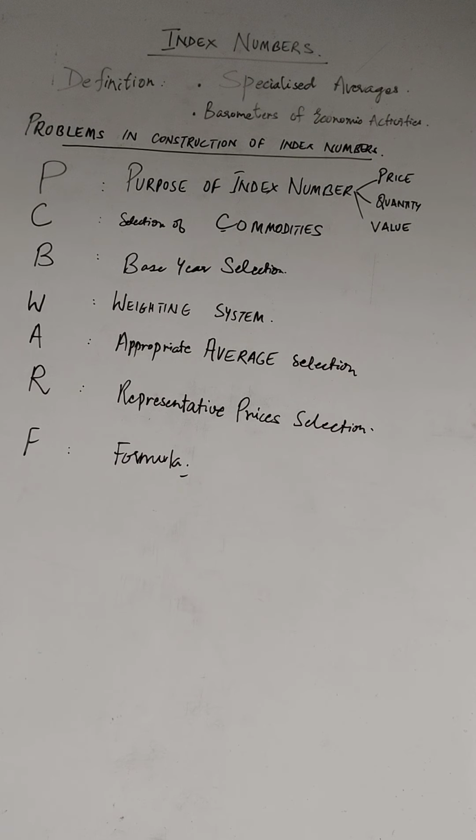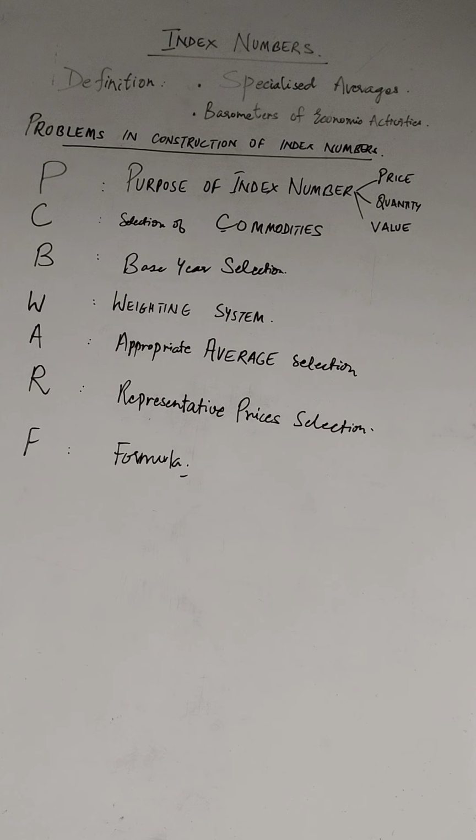Representative price selection. So what is a representative price? Another step in the construction of index number is the collection of price quotations of the selected commodities. We may take either wholesale or retail prices of the selected items. Wholesale prices are generally lower than the retail prices.